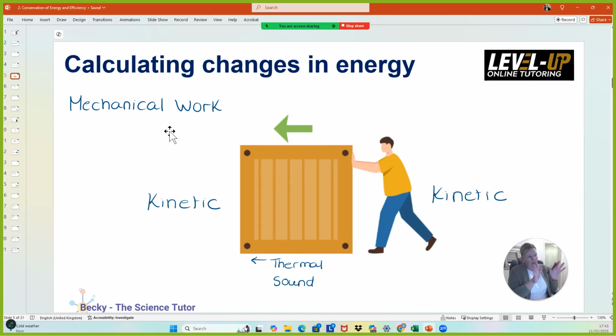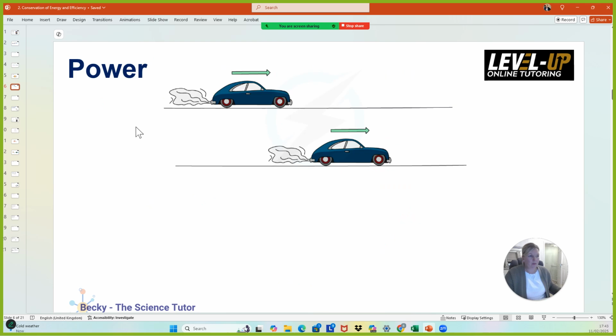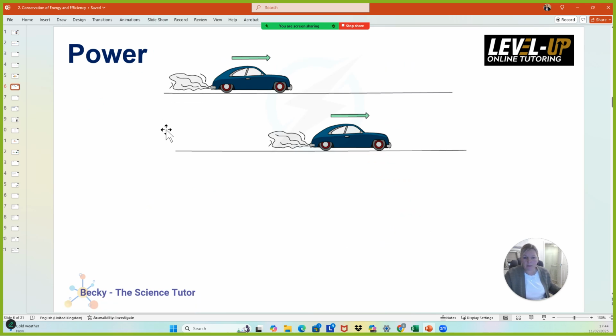So we've talked about this being mechanical work. This is the work done. So we could calculate how much work has been done to move that box however far across the floor. If we think about something like a vehicle, we can measure the rate at which this work is done, so how quickly we are doing this work, because that's all that's happening in these vehicles essentially, isn't it?